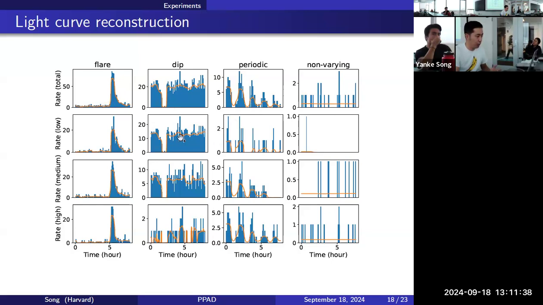And for the noise, for example these variations, and especially this seemingly homogeneous Poisson process, I think the total variation is doing a good job by not overfitting to the noise. But there are still some imperfect results. For example, this high energy band of this dip. I would imagine a better fit would be more flat.